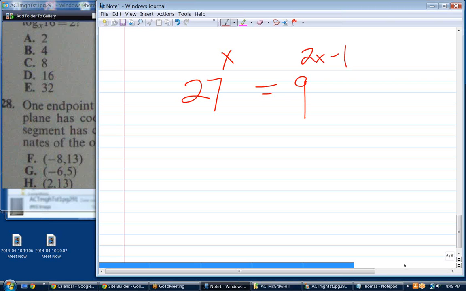Now, this is actually technically a log problem, but you don't solve it using logarithms. What this kind of problem really is, there is a common exponential base between these two numbers. What is it? 3. Yes. How can I express 27 using 3 as its base?